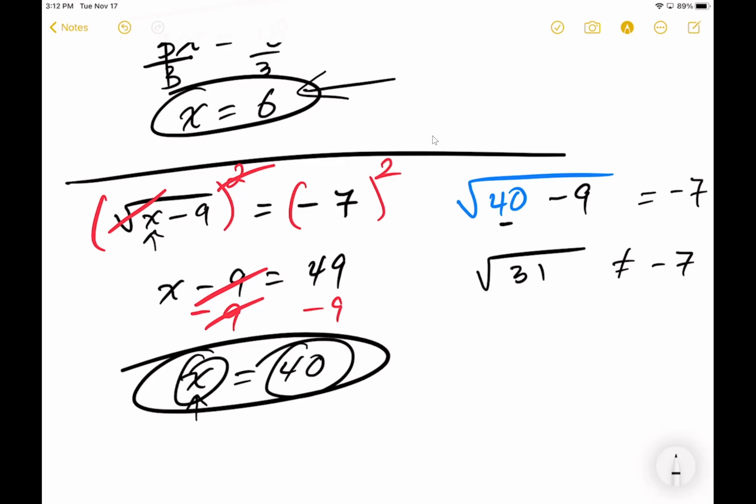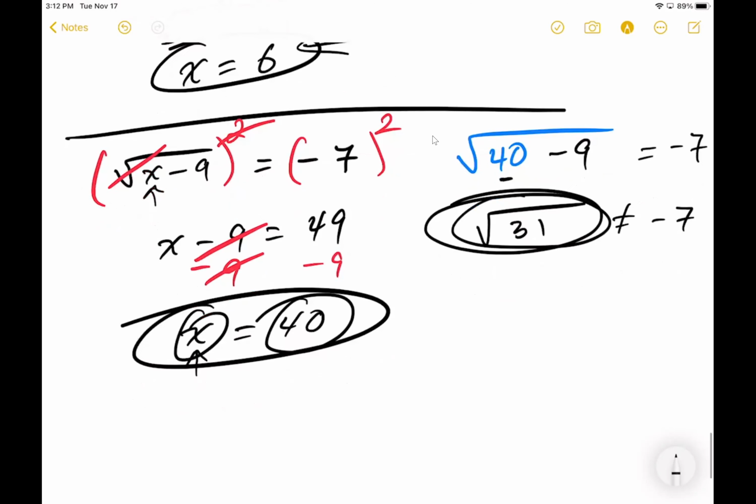Because square root of 31 is some number, 5.4 something, because again, square root of 25 is 5, square root of 36 is 6. 31 is between 5 and 6, so probably 5.6 something, right? So it's not equal to -7, right? So we have a problem.